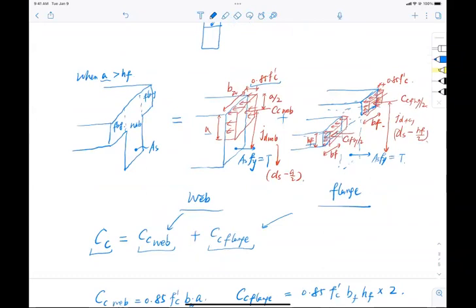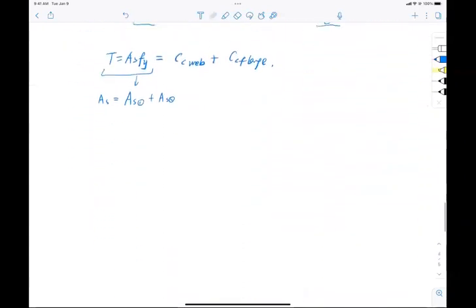So in a short summary here, what we have learned is that for T-beam design, the stress distribution can be quite challenging. So when you try to design it, the most important question still remains, that is, what is a? What is the effective compressive zone size a?